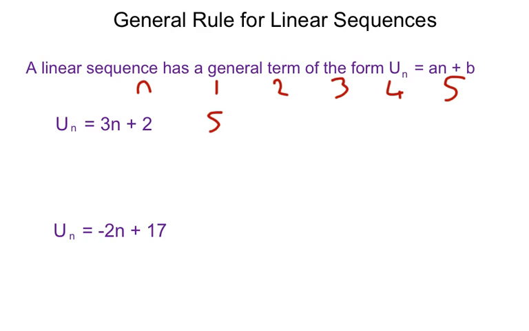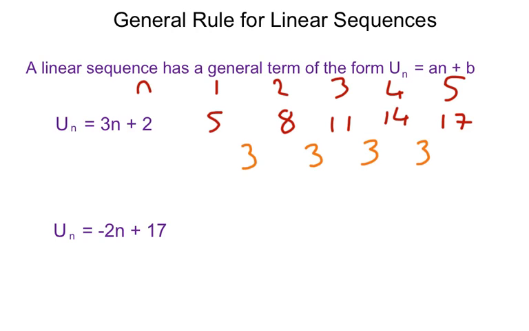When n is 2, we get 3 times 2 plus 2 is 8. And then we get 11, and then 14, and then 17. And what you should notice with these numbers is that the difference between subsequent terms each time is 3.